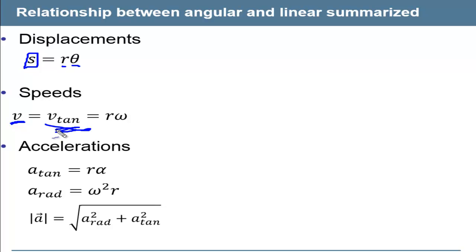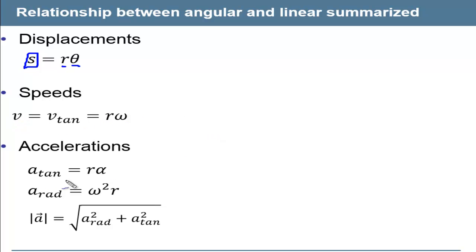There is no radial velocity as long as it's in uniform circular motion. It doesn't have a velocity towards the center or away from the center, and so everything is the tangential velocity, which is equal to the radius times the angular velocity, or r omega, when again omega is measured in radians per second. And then we have accelerations.